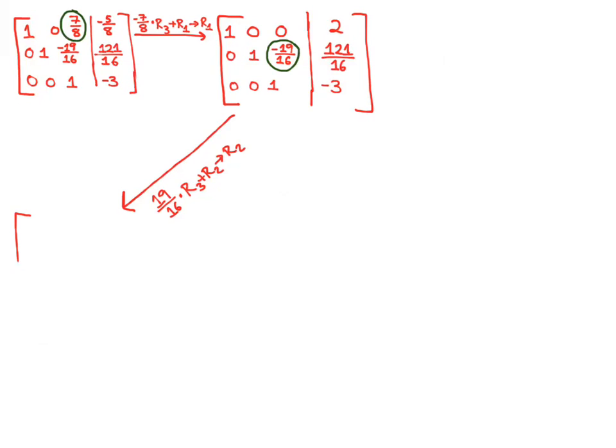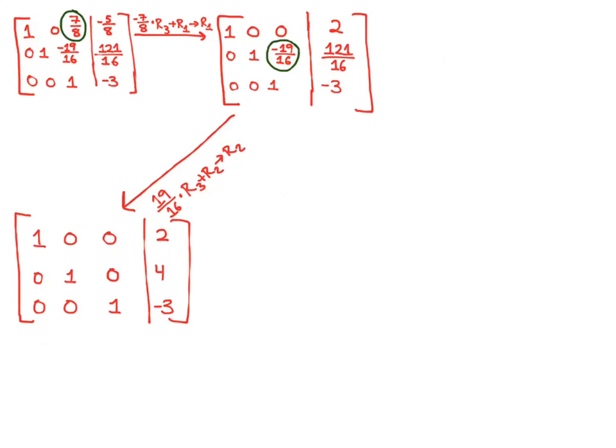First of all, the first row doesn't change, and the third row doesn't change. For the second row, we're going to get a 0, a 1, and it ends up being a 0 and a 4.